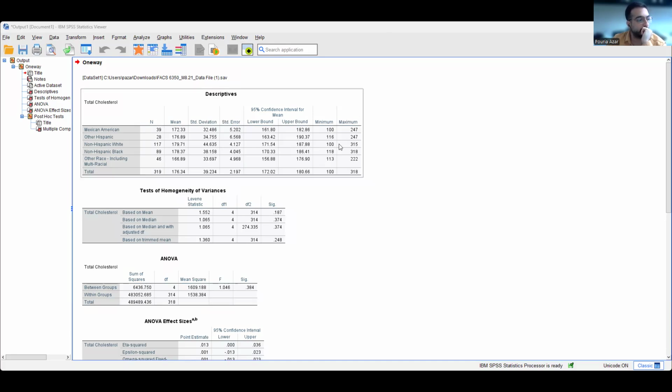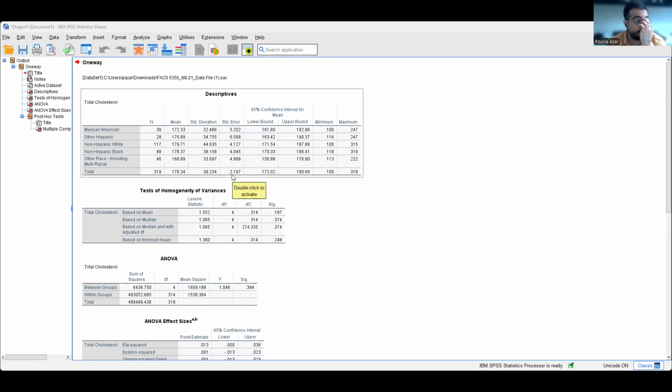You will see here, this is descriptive. So I have the mean for total cholesterol at baseline for each race category, the standard deviation, standard error, 95% confidence interval, and minimum and maximum for total cholesterol for each group. My groups are Mexican American, other Hispanic, non-Hispanic white, and non-Hispanic black, and so on.